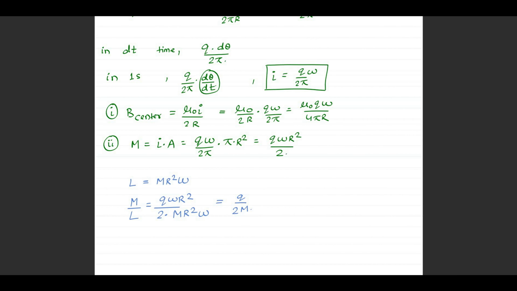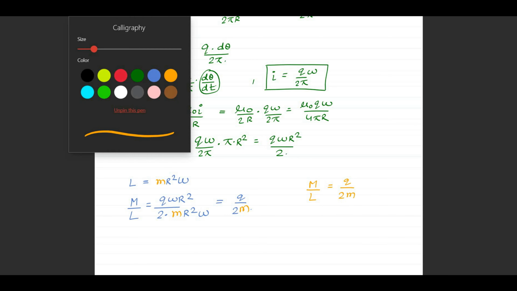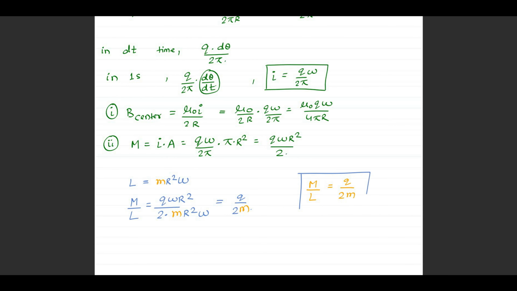So this ratio is going to be fulfilled for any kind of charge distribution. This is known as gyromagnetic ratio.